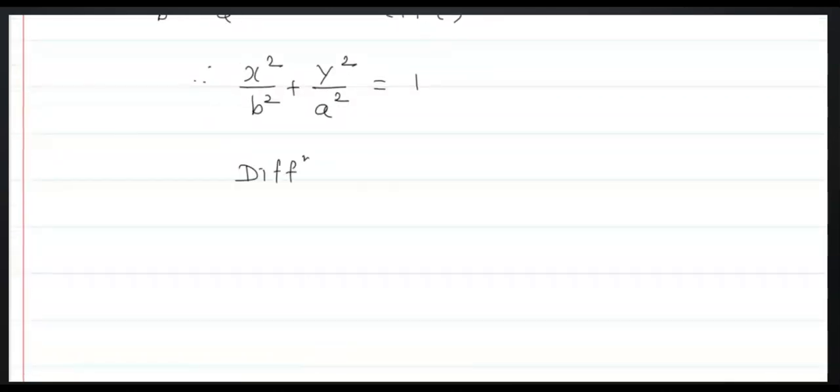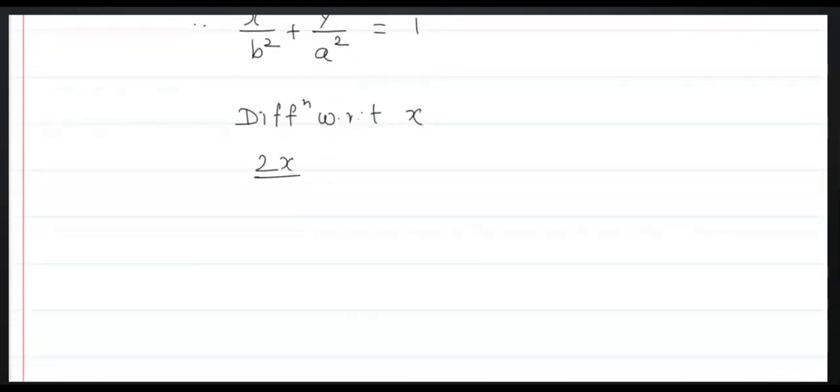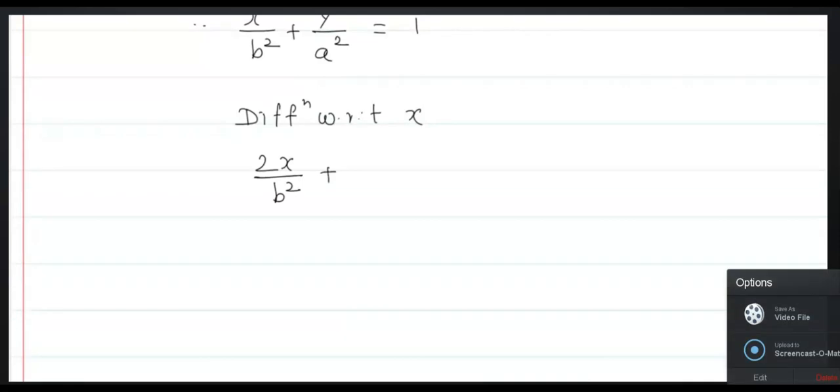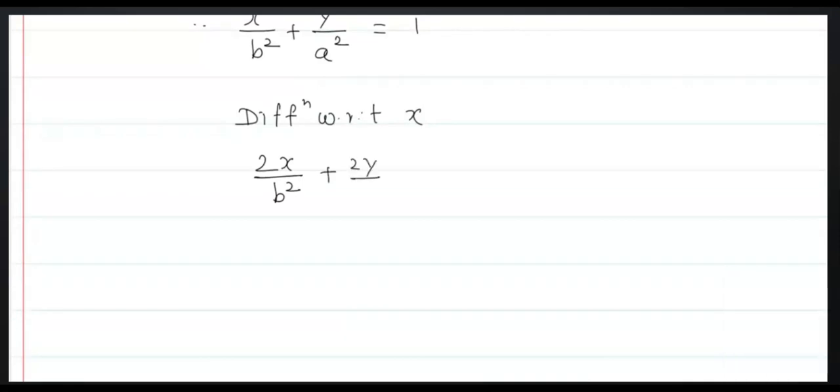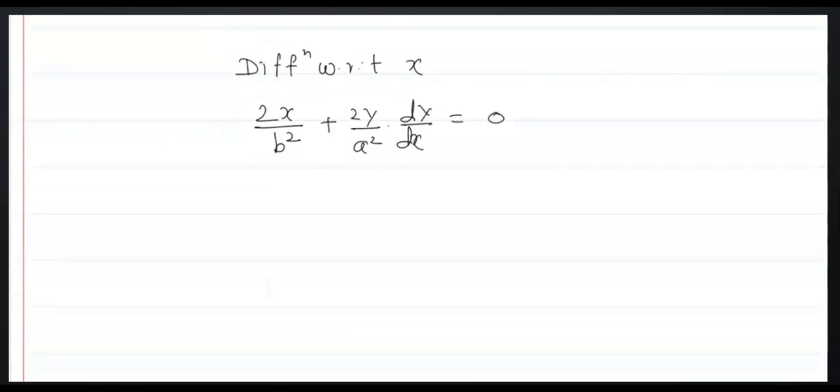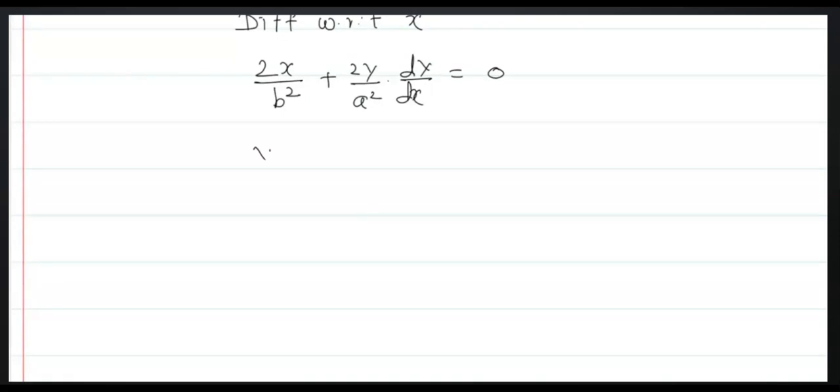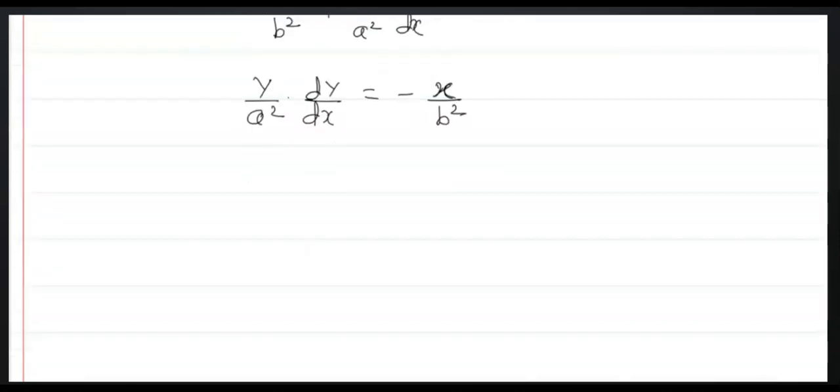And therefore, differentiate this with respect to x. What is the derivative of x square? It is 2x upon b square plus 2y upon a square into dy by dx is equal to 0. Therefore, this 2 will get cancelled. y upon a square into dy by dx is equal to minus x upon b square.